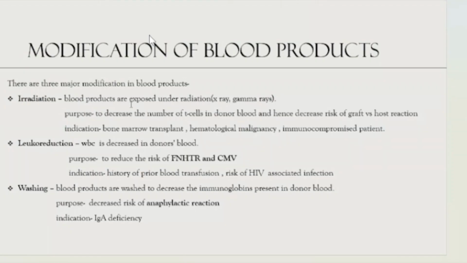And it can also disturb the GIT mucosa, leading to diarrhea. Hence, the major persons that are required to be given irradiated blood products are those that have just had a bone marrow transplant, or have any hematological malignancy, such as leukemia, etc.